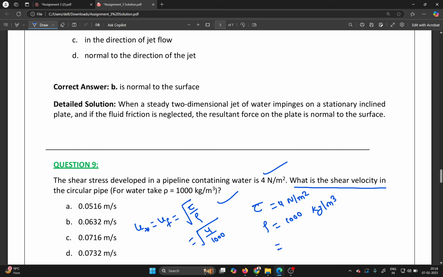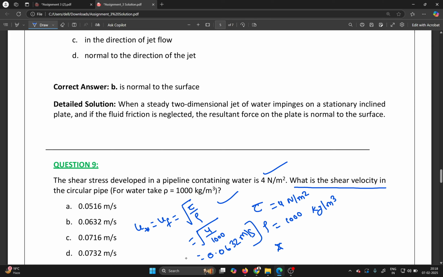Now let me calculate. Root of 4 divided by 1000 is 0.0632.